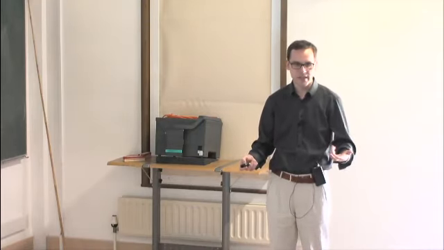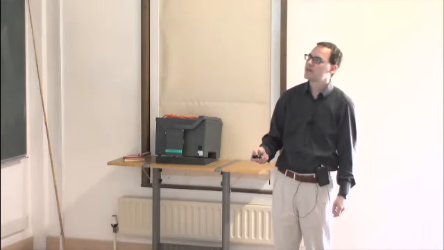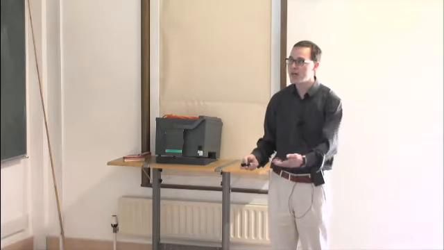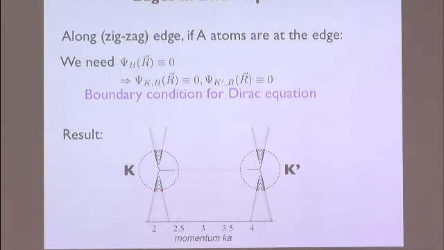I should just demand that the amplitude on the B lattice should be 0 at the boundary. So both at the K point and at the K prime point, the B component is just prescribed to be 0, and apart from that, I need no other boundary condition. And then from the Dirac equation, I will also find the edge states. Of course, what I find in the Dirac equation will only be valid just near the K or near the K prime point. Everything in between, of course, is outside the range of validity of the Dirac equation.